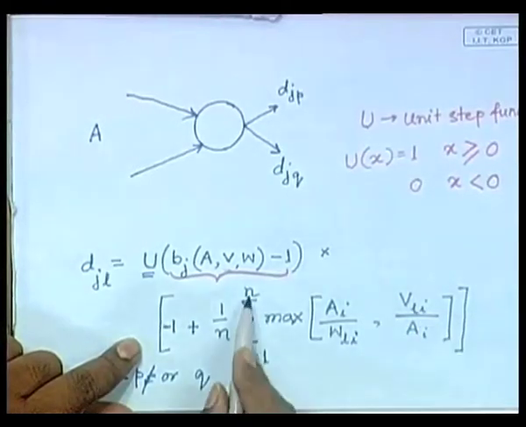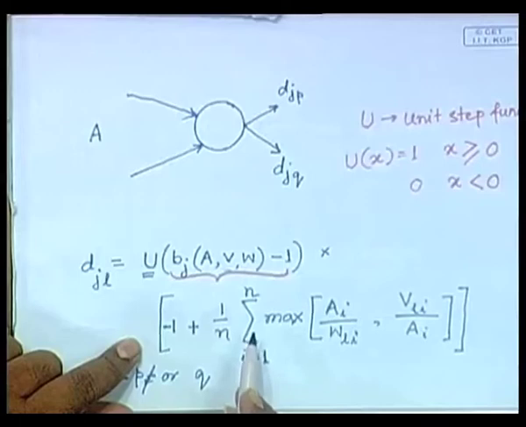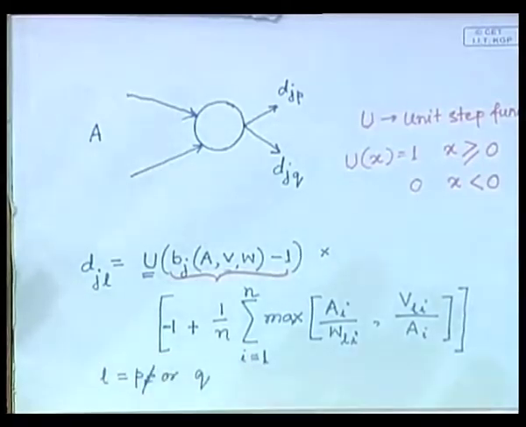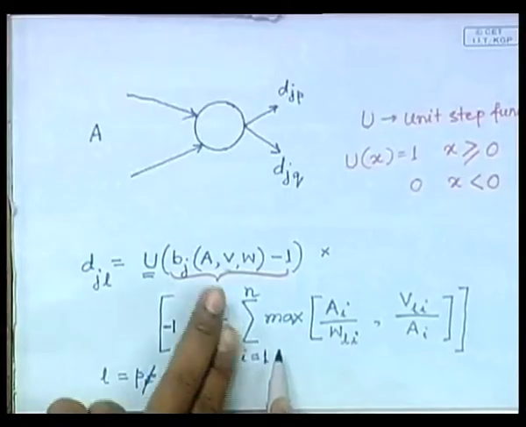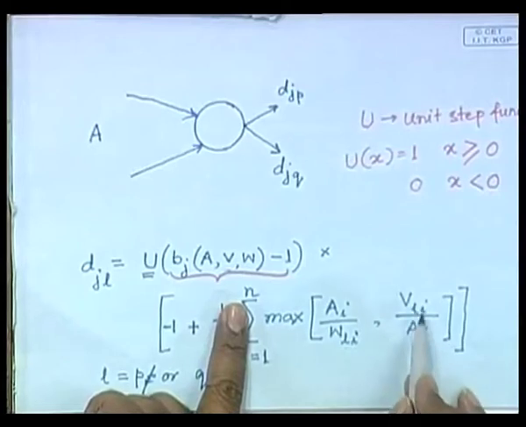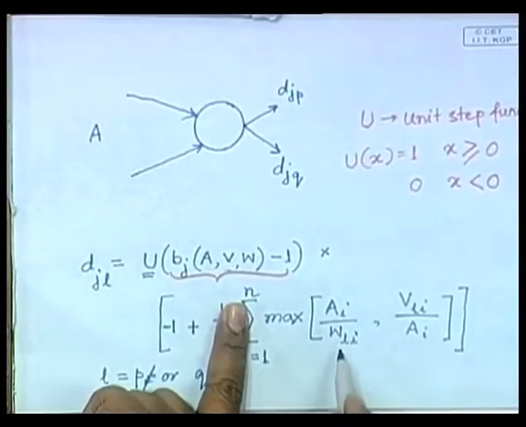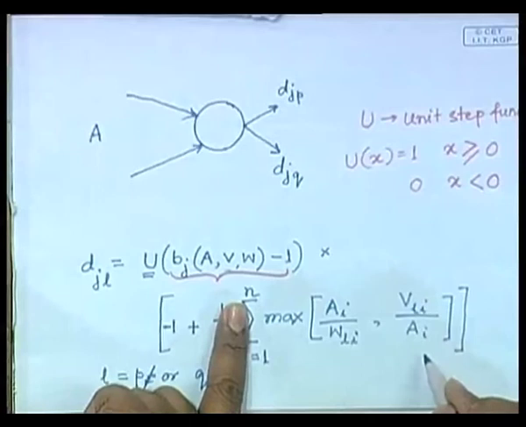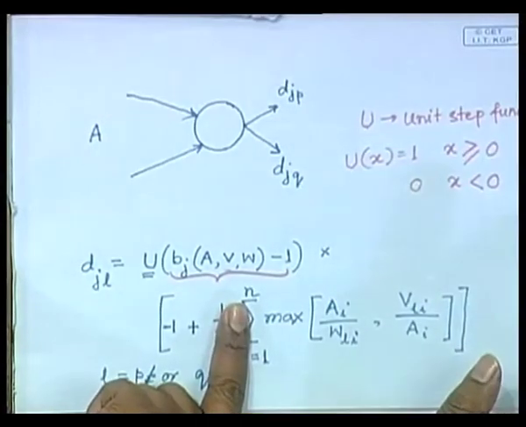Okay. So, forgetting about n dimensional feature vectors, if I consider only one dimension, what effectively I will have is max of A upon W_L and V_L upon A, considering only one dimension.